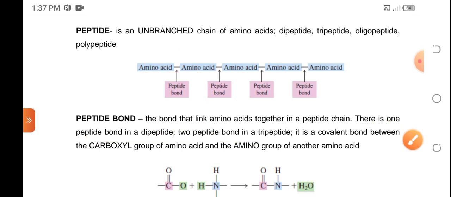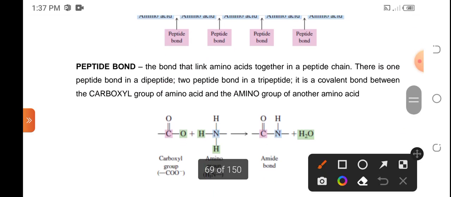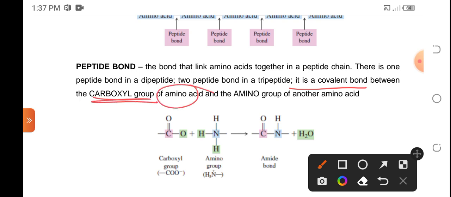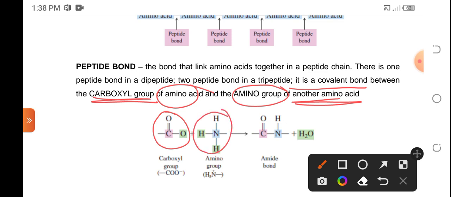So a peptide bond is a covalent bond between the carboxyl group of one amino acid and the amino group of another amino acid. Okay, so the interaction happens with the carboxyl of amino acid 1 and the amino group of amino acid 2.